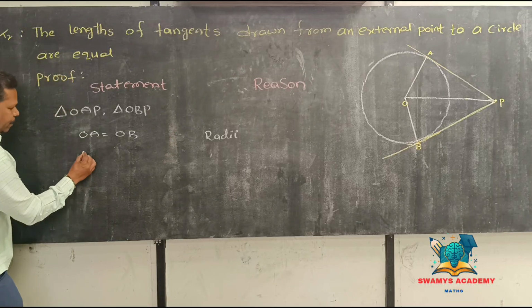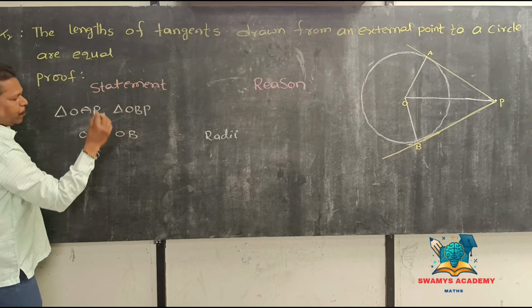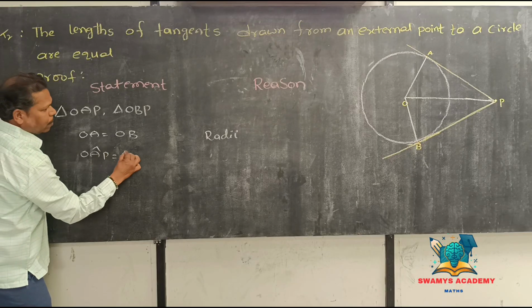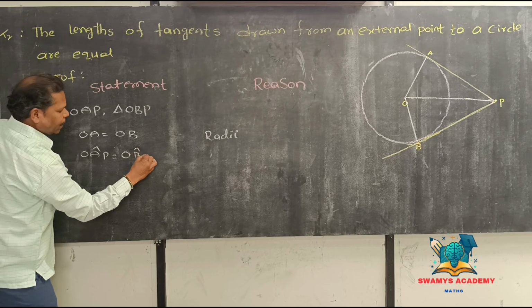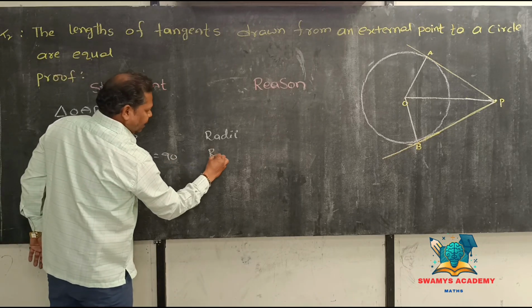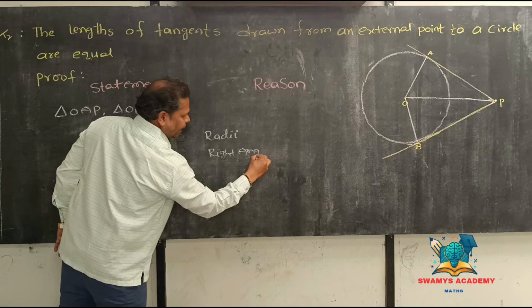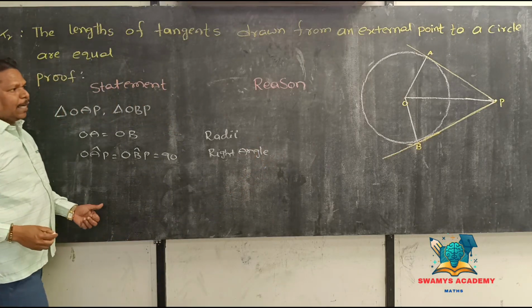So we can write angle OAP equals angle OBP, which equals 90 degrees. We take it as a right angle.